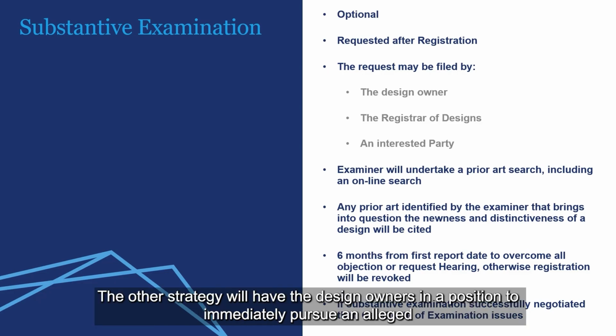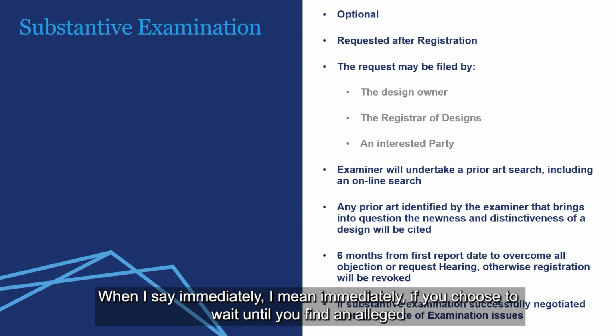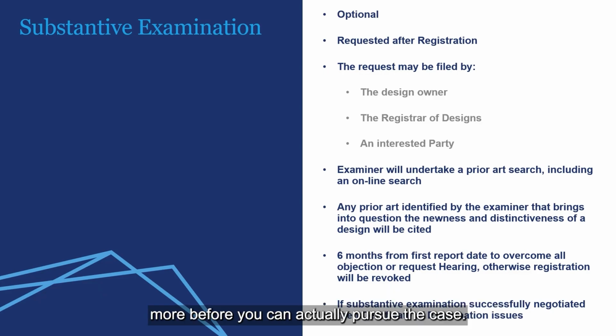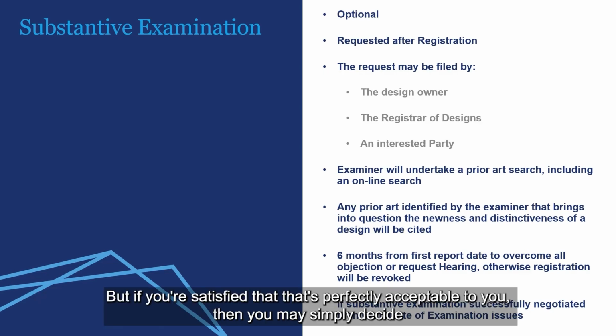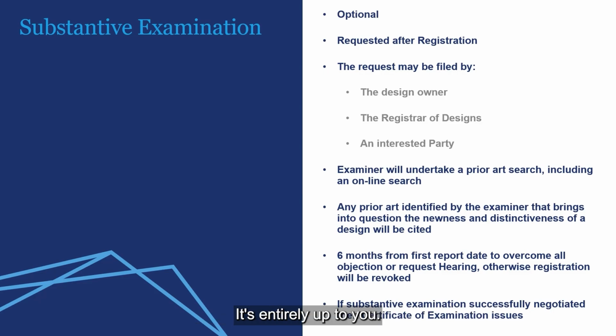The other strategy will have the design owners in a position to immediately pursue an alleged infringement. And when I say immediately, I mean immediately. If you choose to wait until you find an alleged infringement, then have the case examined, there might be a 9-month delay or possibly more before you can actually pursue the case. But if you're satisfied that that's perfectly acceptable to you, then you may simply decide to request substantive examination on an ad hoc basis. It's entirely up to you.